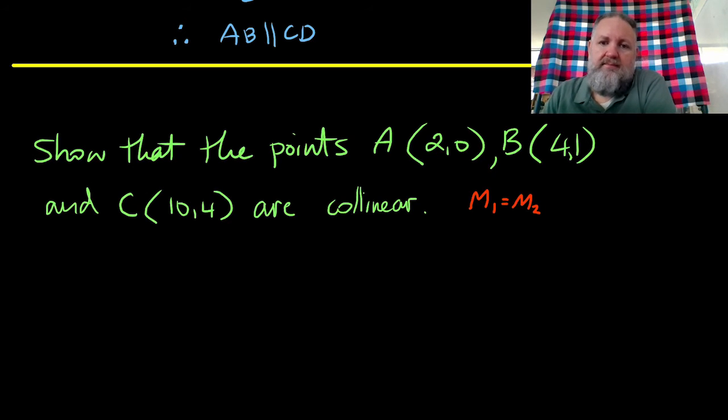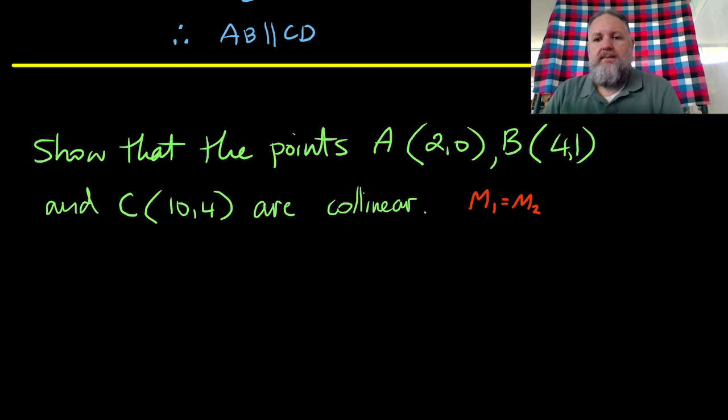So if we could show that a line AB has the same gradient as a line, say, BC, that means that they would be parallel, with the same gradient, and because they had the same point, that means that they would all be on the same line.